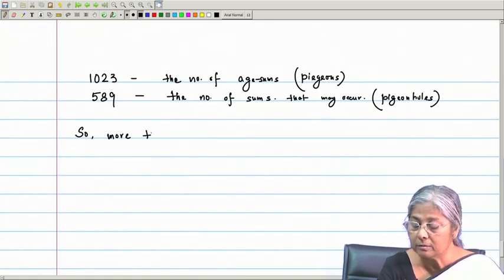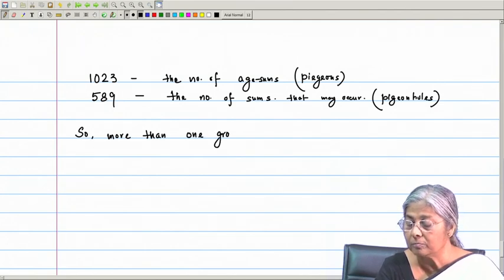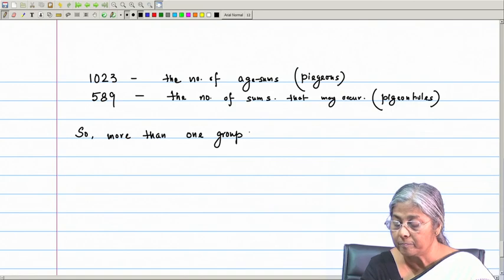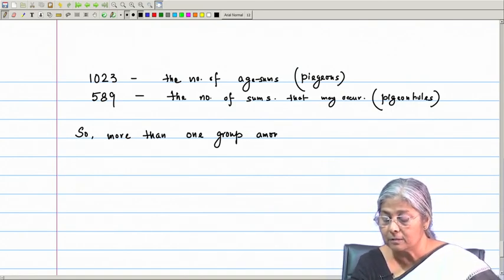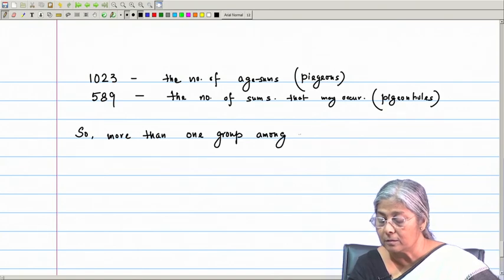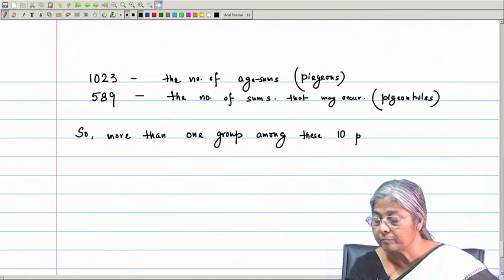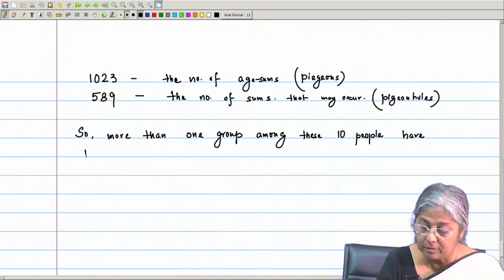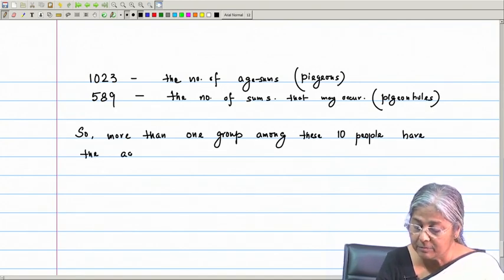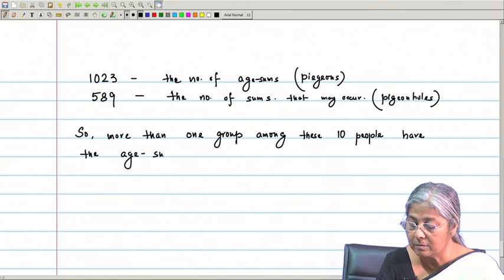So, more than one group among these 10 people have equal sums of ages.